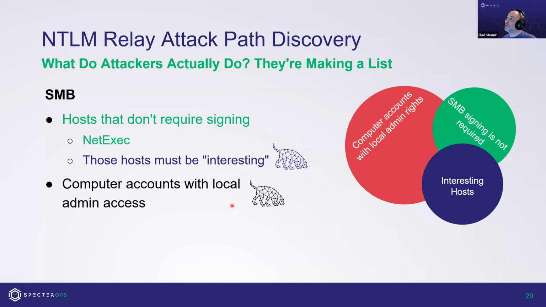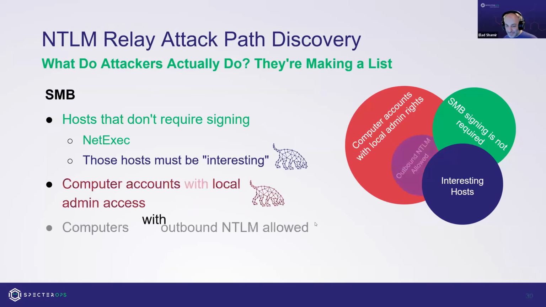When you perform an NTLM relay attack, what you're actually bypassing is authentication. But after you authenticate, you need to also make sure that your new session, this identity in transit that you now have, can actually perform some interesting action. So that's the authorization side of things. And that's also something that we can identify with BloodHound.